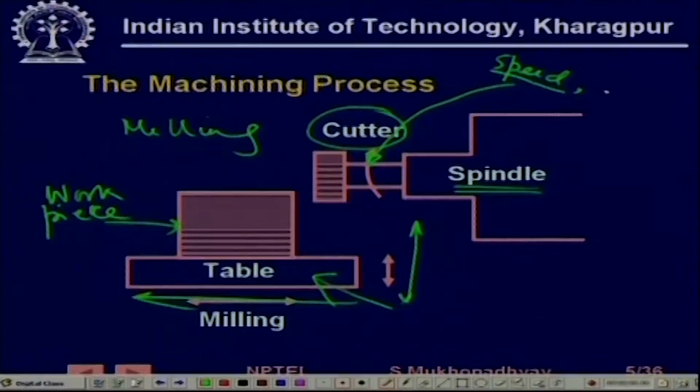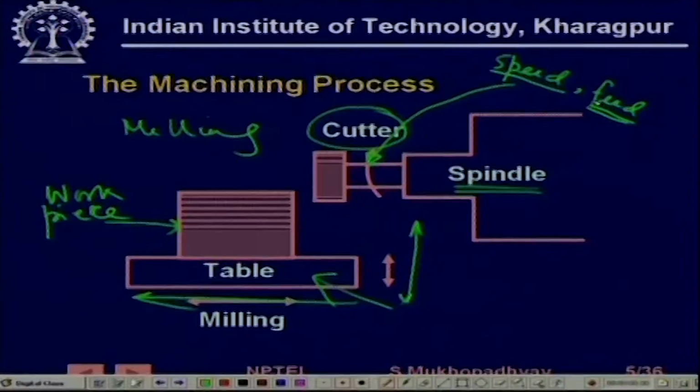Then there is something called feed. Feed means the stroke, the linear motion of the tool per rotation, by how much does the tool move in the case of turning, or by how much does the job move in the case of milling, or depth of cut.